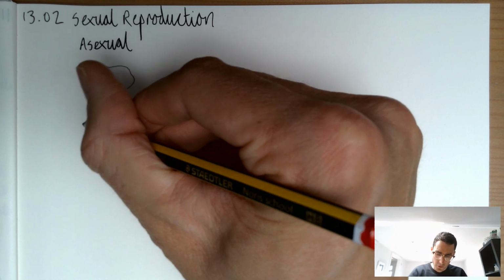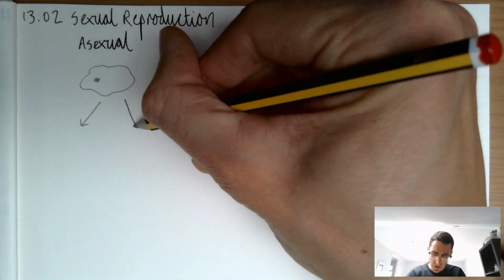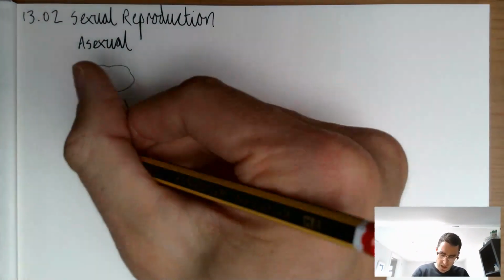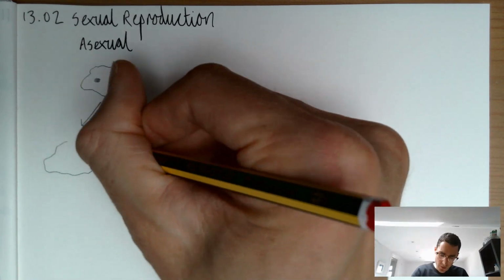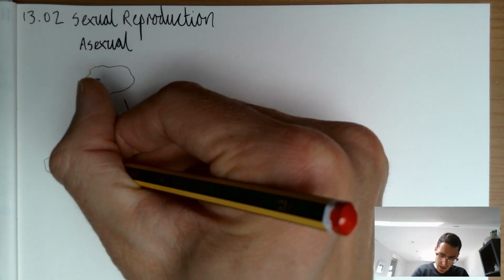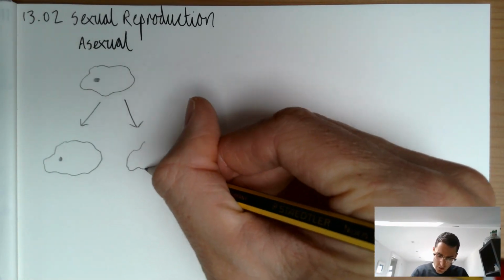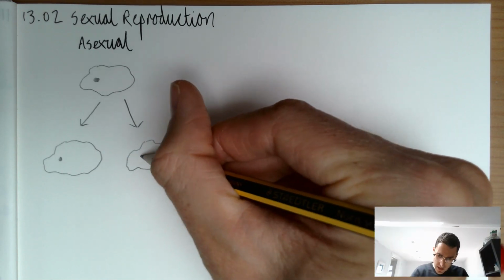I'm not going to go through the process of binary fission and all of that stuff, but it essentially divides itself into two identical copies. I'll try and make them as identical as possible. Two identical copies of itself.